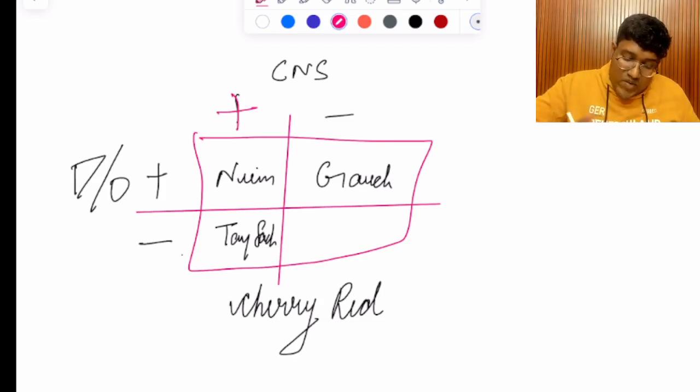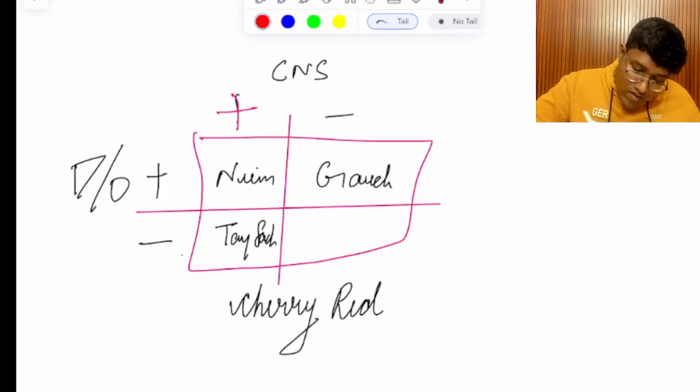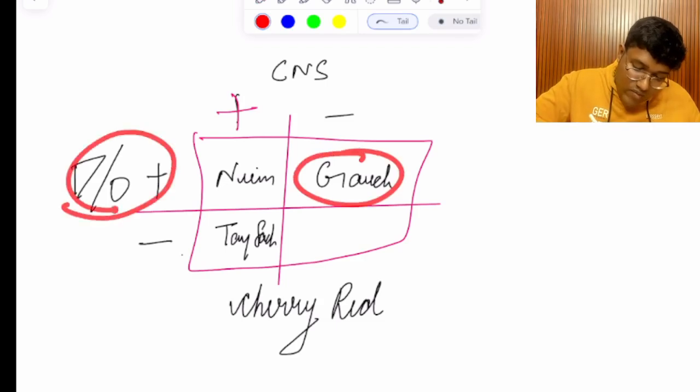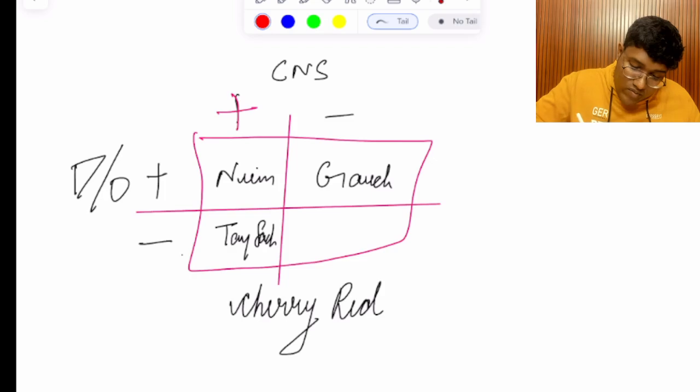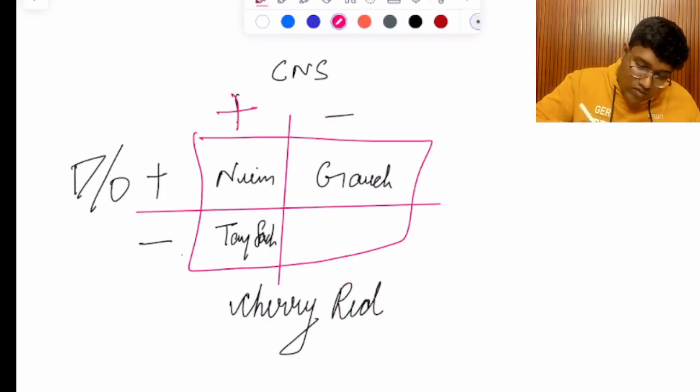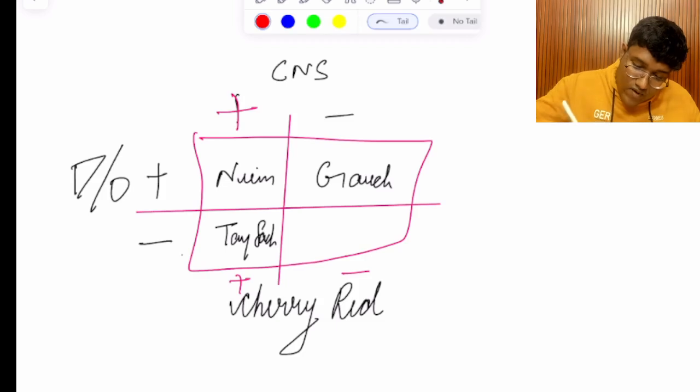Definitely, Niemann-Pick and Tay-Sachs will have cherry red spots. Gaucher, on the other hand, will be over here. Gaucher will have hepatosplenomegaly. It has nothing to do with nerves because CNS is negative. Cherry red spots are going to be negative. Okay, so that's Gaucher. There's nothing to do with CNS and cherry red spots.